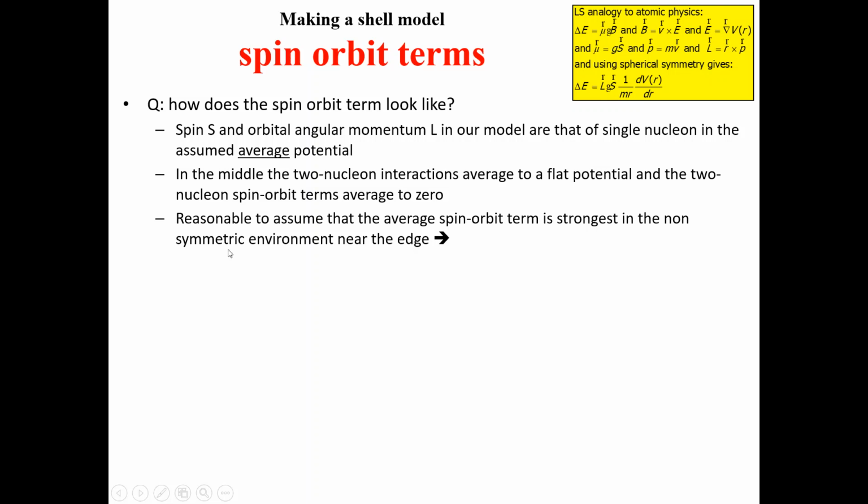So it's reasonable to assume that the average spin orbit term is strongest in the non-symmetric environment near the edge, and we say that this potential is equal to 1 over r dV over dr.